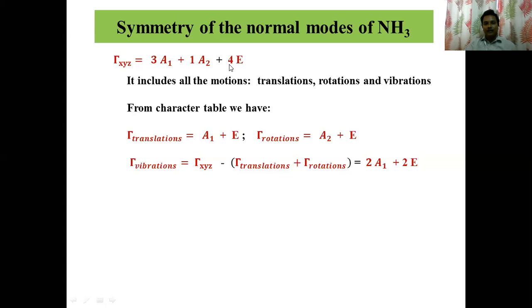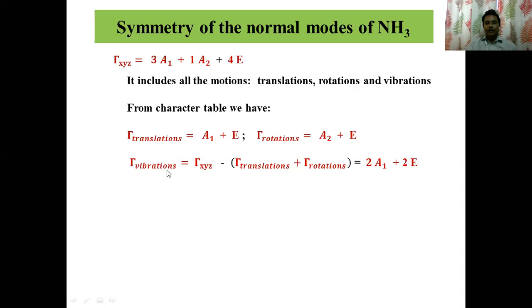Now this includes all the motions, so that is translations, rotations, and vibrations, right? So from the character tables, we have to remove the translations and rotations. Then only we are going to get the vibration. This is pretty much clear from what we did for the water molecule, and that's what we do here, right?